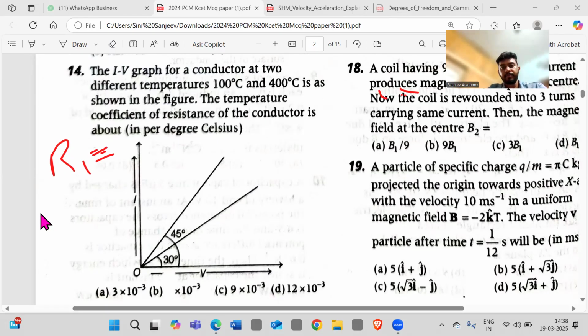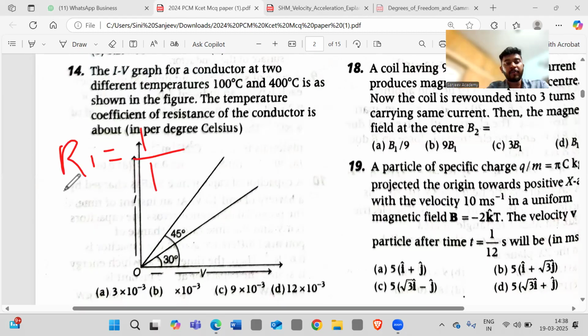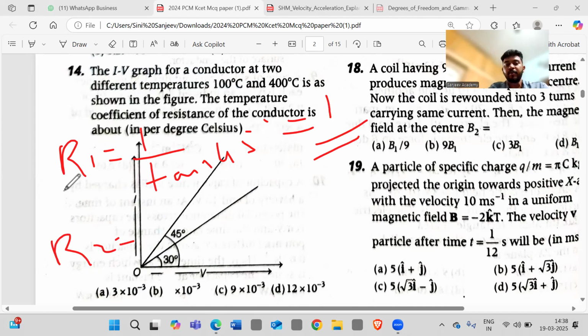What is R1? 1 by tan 45, 1 by slope. Correct? I think you know what is tan 45. That is 1 only. So 1. What about R2 slope? 1 by tan 30. 1 by tan 30, what is the value? Root 3.